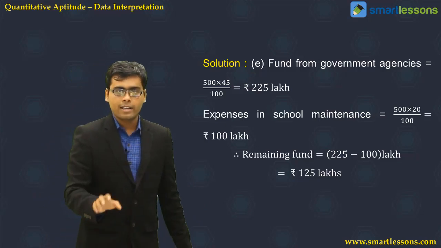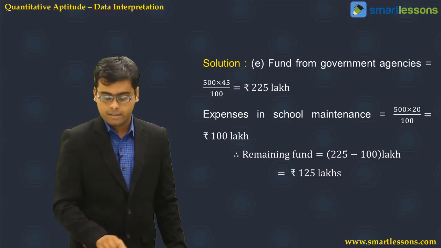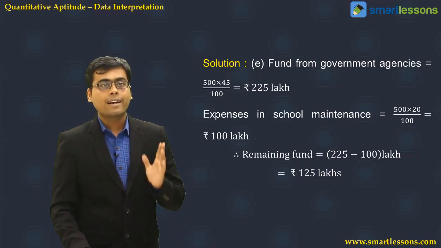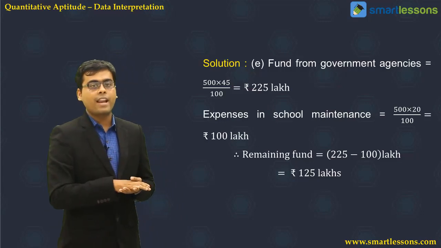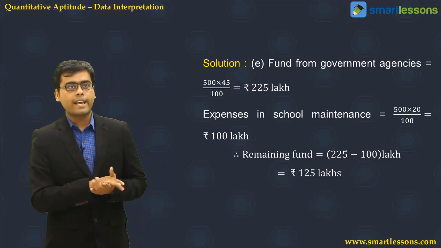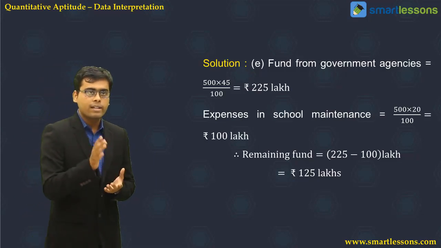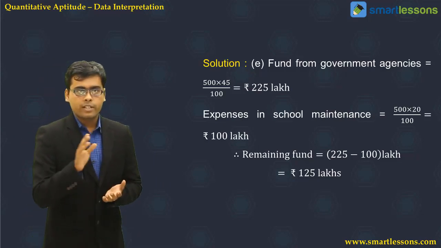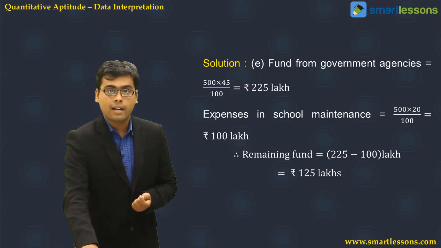So the remaining fund is 125 lakhs. Option A is 120, option B is 150, C is 110, D is 95. Since 125 is not in the options, none of the above, option E, is the correct choice.